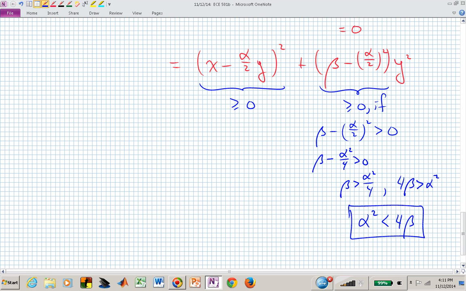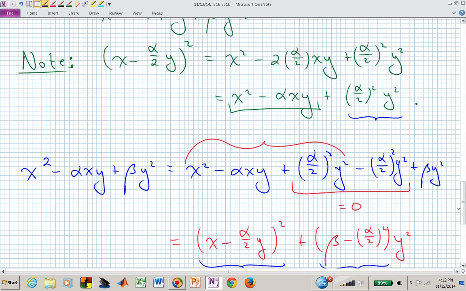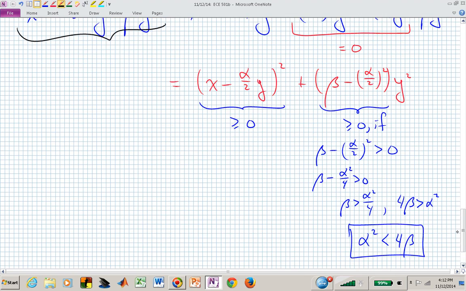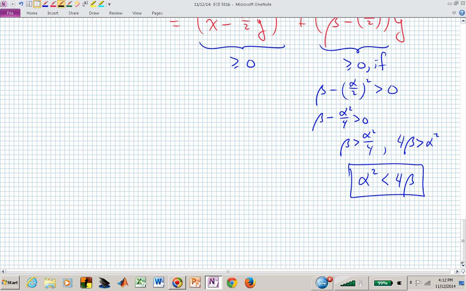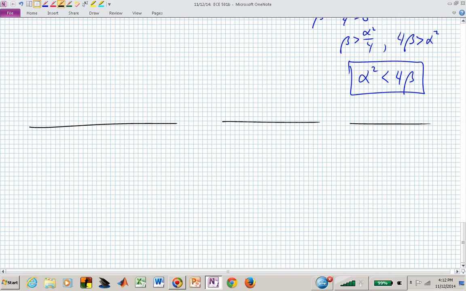If we have alpha squared is less than 4 beta, then we can say that that original expression right here is non-negative, because we've now split it up into two pieces that are each non-negative. All right, that will be one of the pieces of this proof of the following lemma. Again, we're getting two lemmas so that we could then basically conclude or talk about the real spectral theorem.